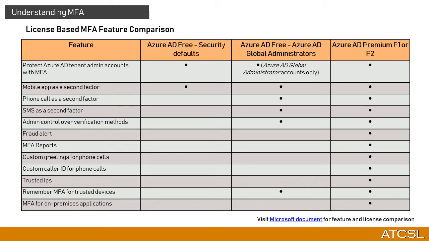As an administrator, you can customize the greetings for the phone calls that you receive. And the caller ID for the phone calls, you can have that custom. One additional thing, which was only there for the global administrators in the Azure AD Free, is remember MFA for the trusted devices, that you can have for other users as well who have been assigned the Azure AD Premium P1 or the P2 license.